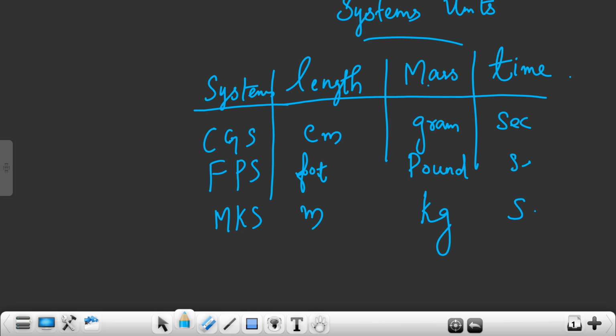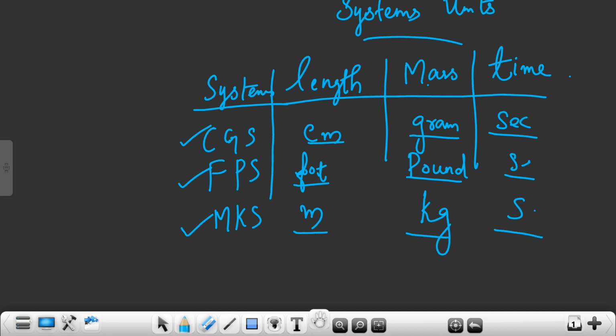So the three systems of units are CGS system of unit, FPS system of unit, and MKS system of unit. In CGS system, length is expressed in centimeter, mass in gram, time in second. In FPS, length in foot, mass in pound, and time in second. In MKS, length in meter, mass in kilogram, and time in second.